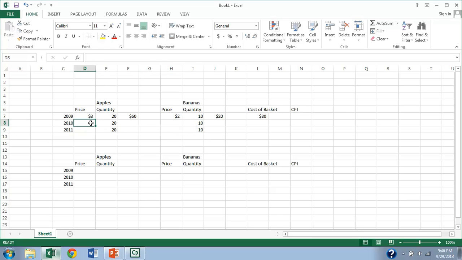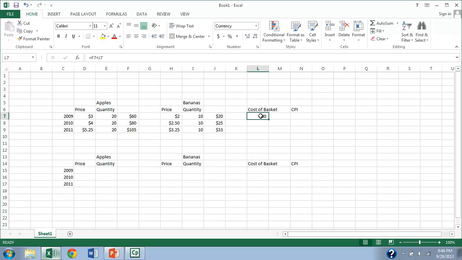But then prices are going to change. $5.25 using Excel, so there's no reason to keep two nice round numbers. Okay, and we're going to go back now and compute how much they would have had to spend to buy all their apples and how much they would have had to spend to buy all their bananas.